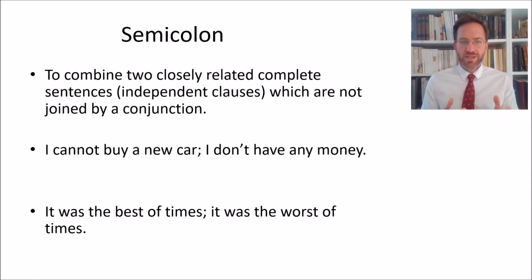For instance, you could say, I cannot buy a new car because I don't have any money, and then you could almost use just a comma. But to just say it without it, boom, it's a little bit more direct. It was the best of times; it was the worst of times. Two independent clauses, drawn together. Charles Dickens, very famous example of throwing in a semicolon to add style.